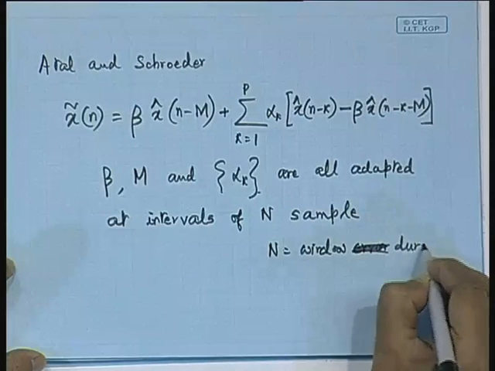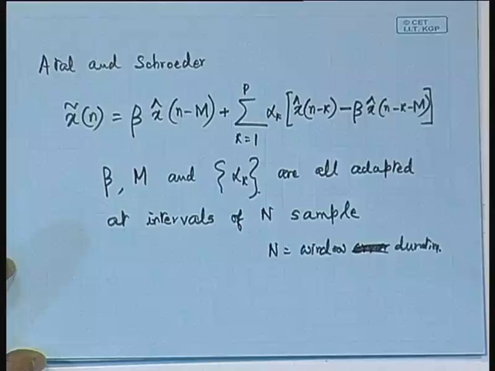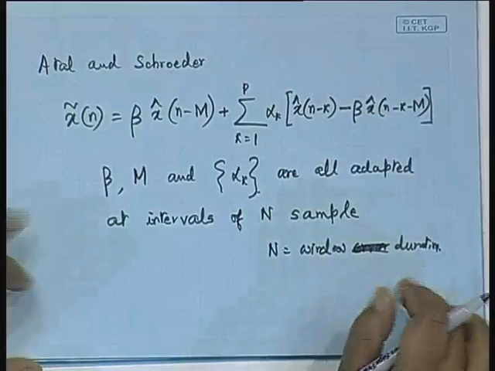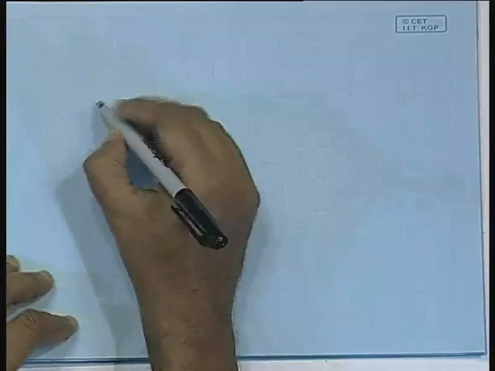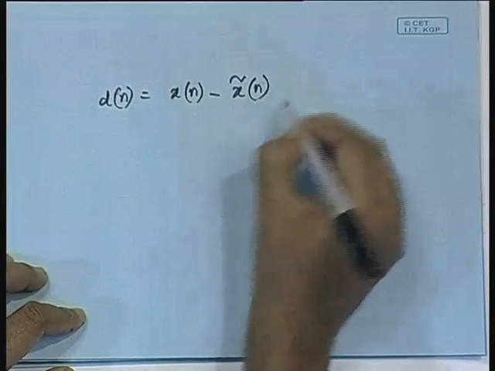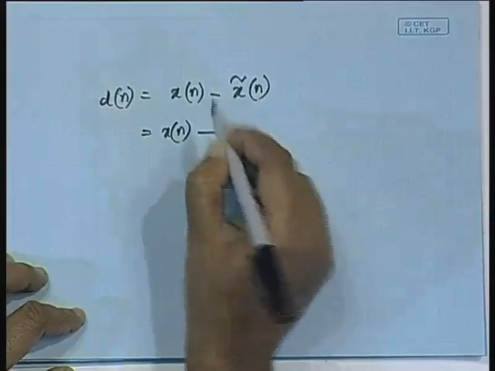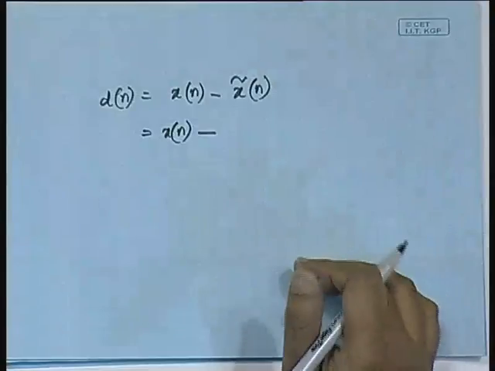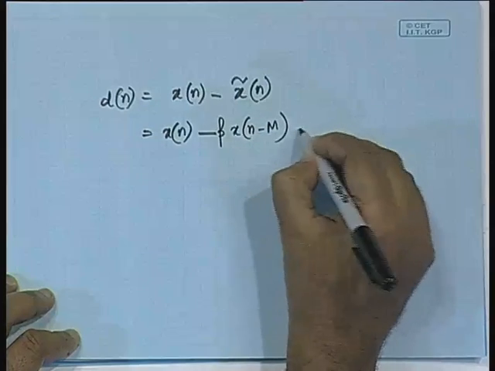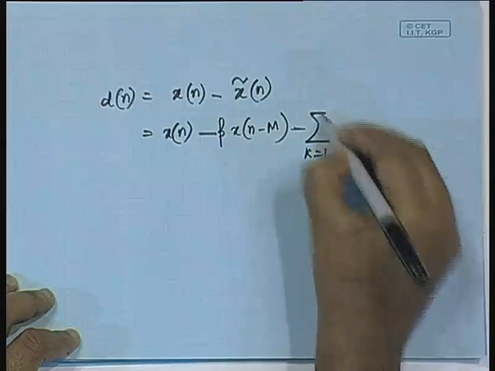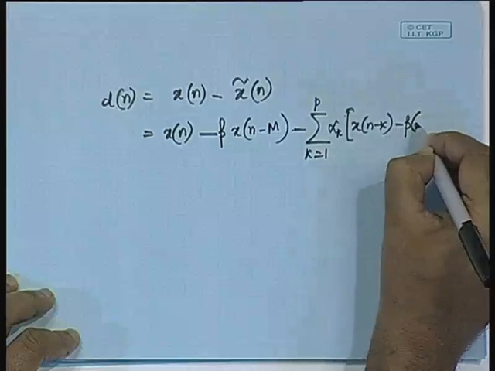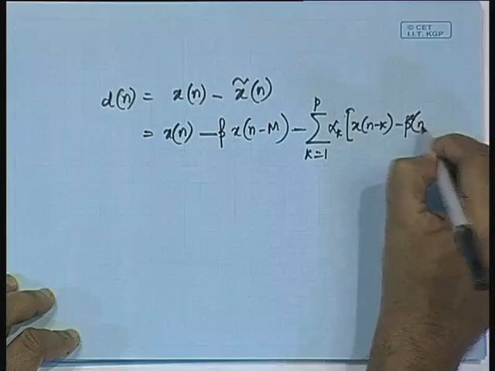Now, neglecting the effect of quantization error, one can write down the prediction error d of n as x of n minus x tilde of n, which is equal to x of n minus, you simply substitute this expression, x of n minus beta times x of n minus capital M minus summation k equal to 1 to p alpha k into x of n minus k minus beta x of n minus k minus M.